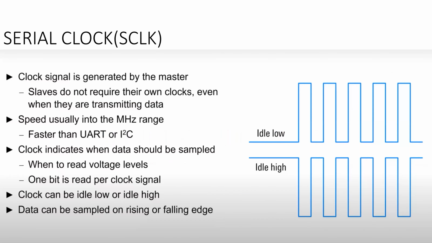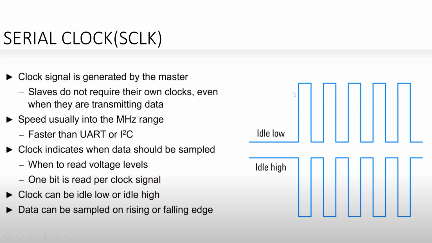Coming to the serial clock, I have told you, synchronous clock or serial clock. This is the one we need to understand very clearly because there will be two configurations. Our clock will be idle low or idle high. If we say idle low, by default the signal is at low level. If we want to activate the connection between the master and the slave, we need to make it high. So this level will be active high.